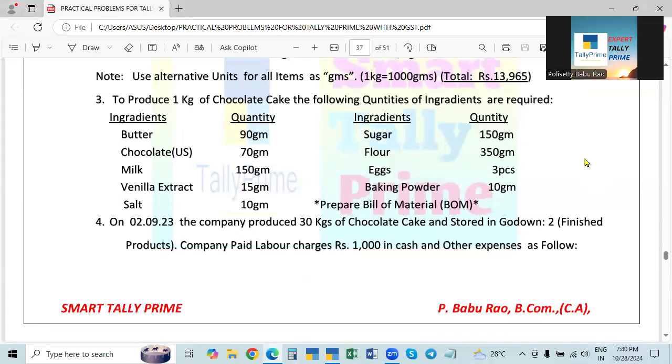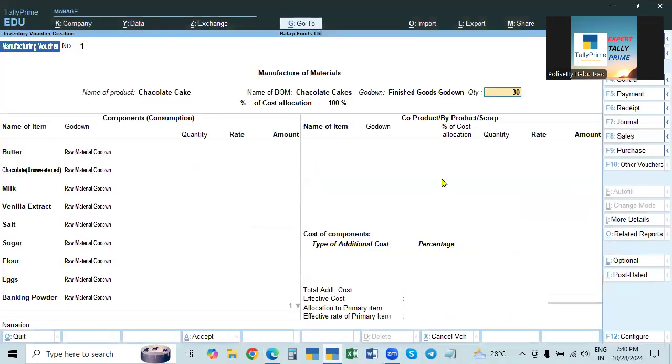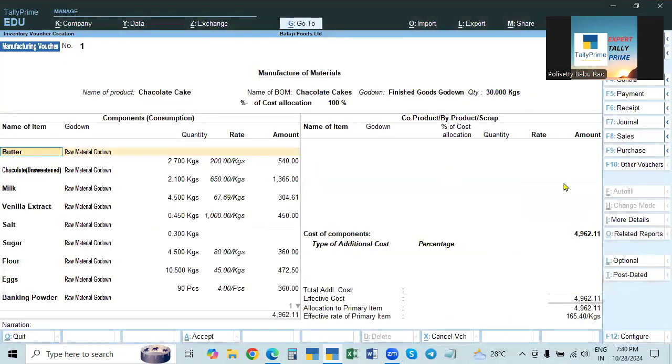So butter required for making 30 cakes will be 2.7 kg. We are giving 30 here, so on enter it will calculate automatically. 30 into 90 grams is 2,700 grams, it will convert into kgs, 2.7 kg. 200 rupees is the purchase price. Like this.